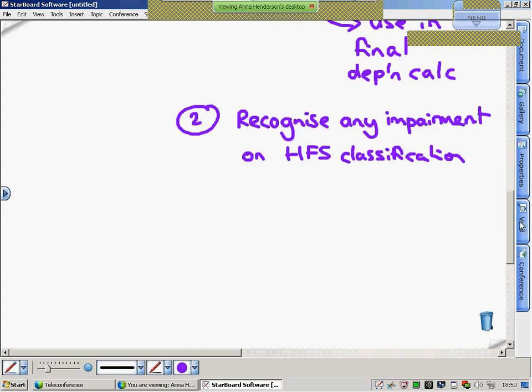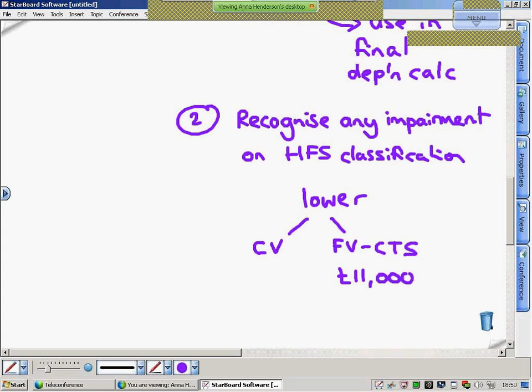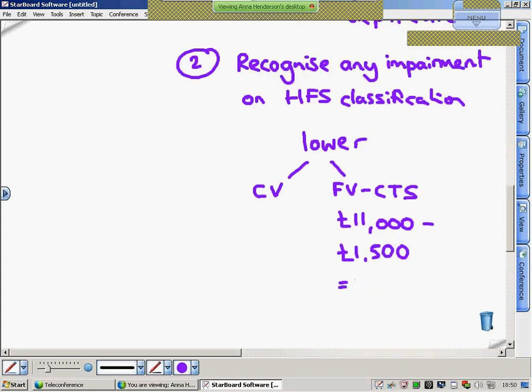So we classify as held for sale, we need to make sure that we're holding at the lower of carrying value and fair value less cost to sell. Now, the question has given us fair value less cost to sell, clearly, and it was 11,100. So less cost to sell is 9,500.